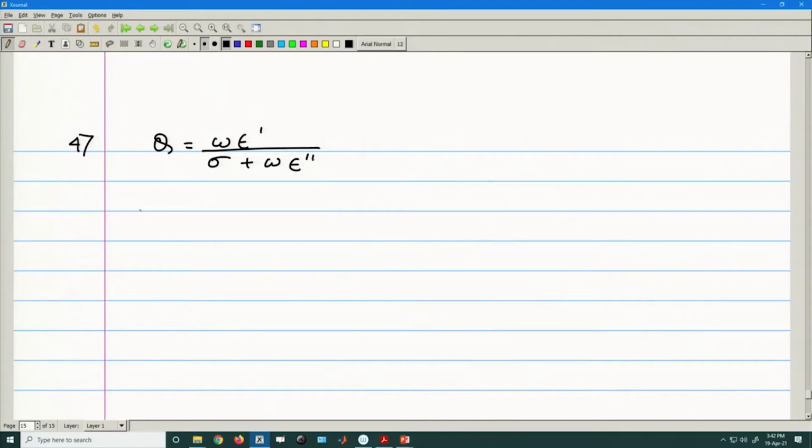So, again we will start with z cap and y cap. So, z cap is given by j omega mu and y cap is given by sigma plus j omega epsilon, that is equal to sigma plus j omega epsilon prime minus j epsilon double prime.